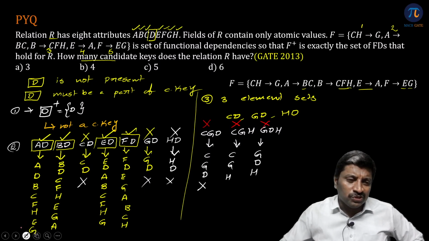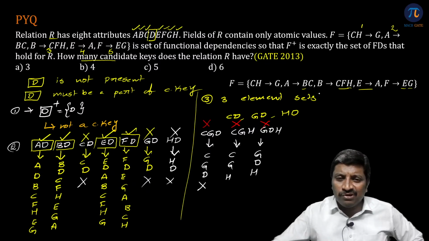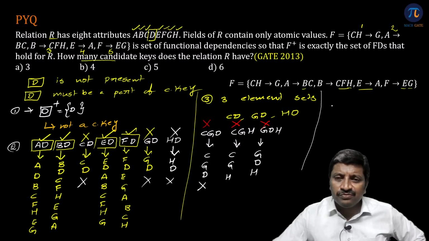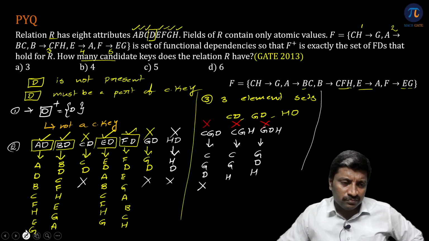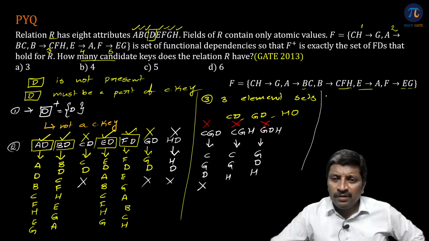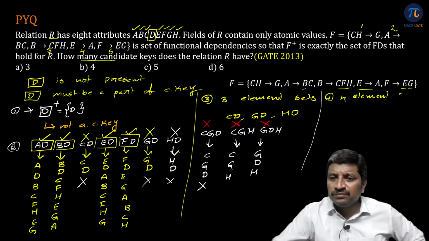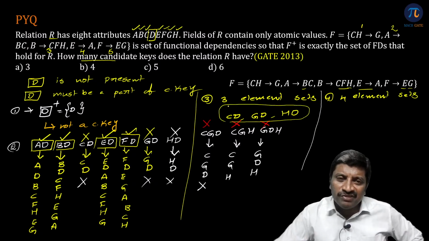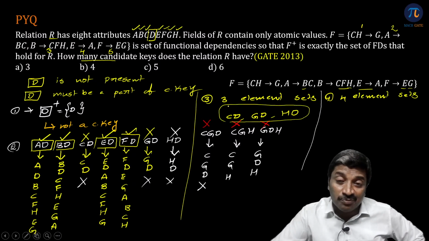What are you supposed to do, sir? I need to consider 4 element sets. To consider 4 element sets, I need to consider the variables only from this part, because if I consider anything else, it cannot be minimal.